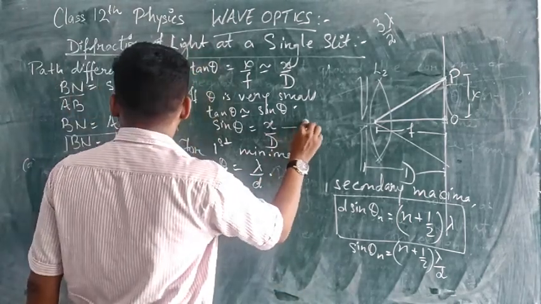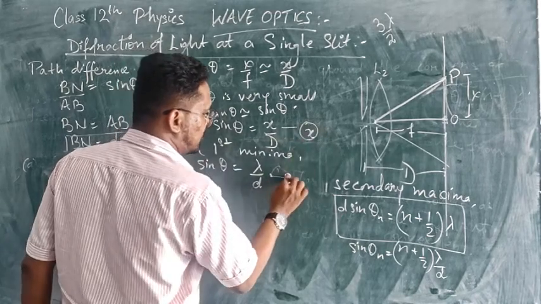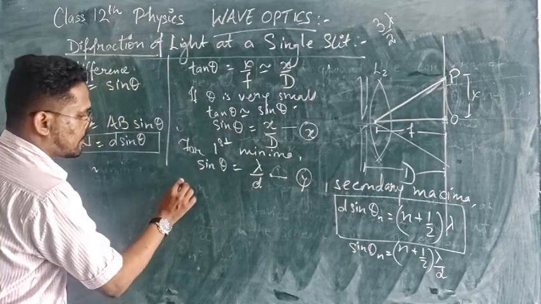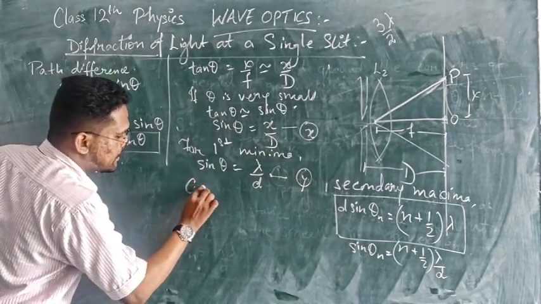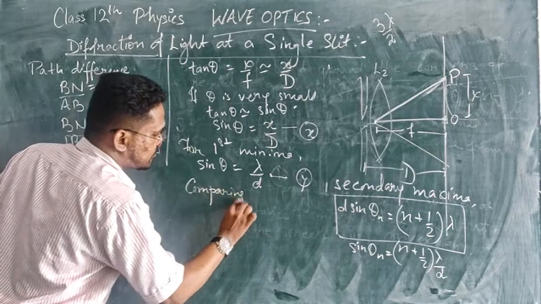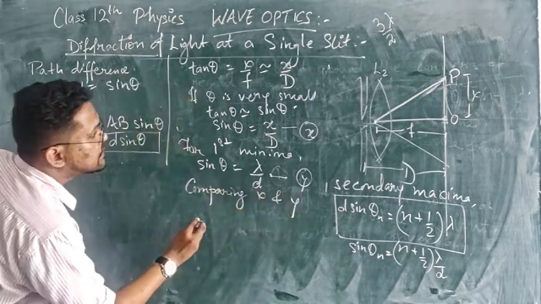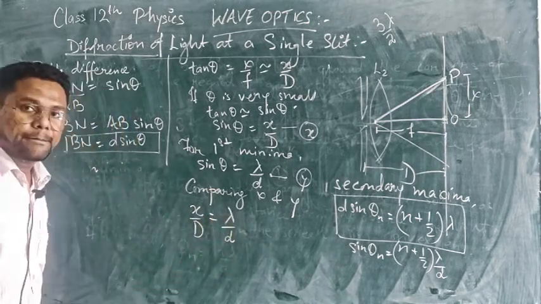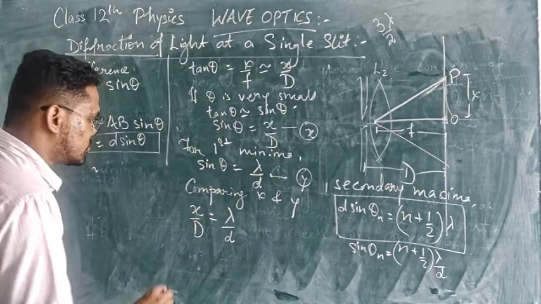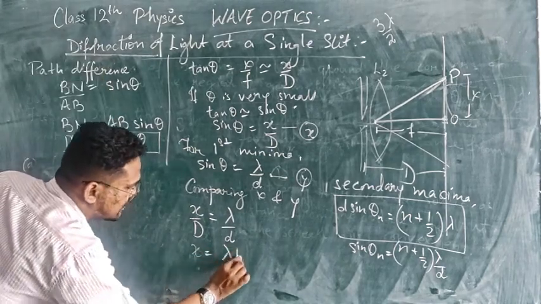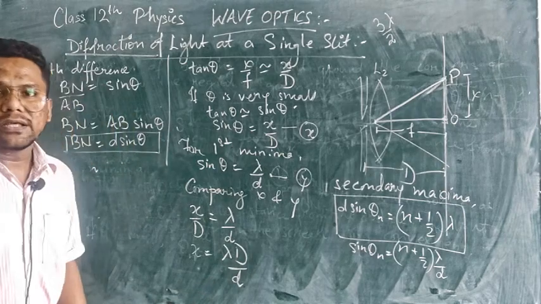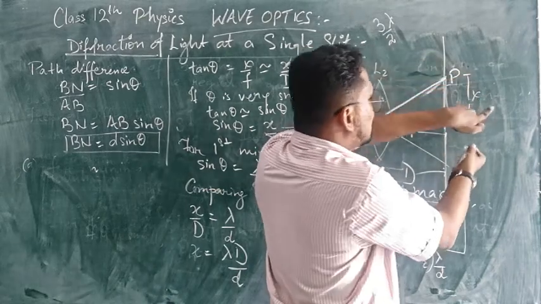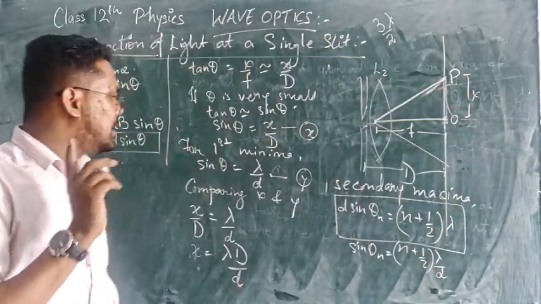If I am taking the earlier equation as equation x and this as equation y, comparing x and y, I get x upon capital D is equal to lambda upon small d, correct? Or x is equal to lambda into capital D upon small d. This is my value of x, that is one part. To find the total width of central maxima I have to multiply it by 2.